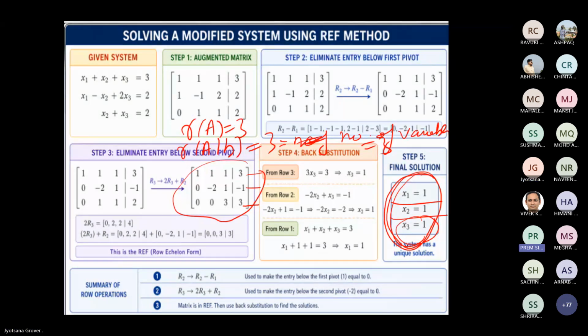Ma'am, using the rank after the REF operation, we can get the values. There is no need of calculating x1, x2, x3. No, I did not say that. I just commented on why you are getting a unique solution. You have to solve for this, otherwise how will you find x1, x2, x3?